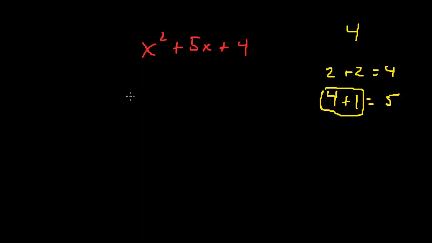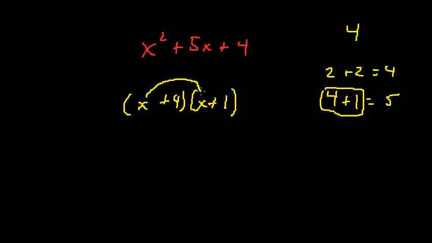What that tells me is that the factorization of this trinomial is x plus 4 times x plus 1. Again, those last two terms in each of these binomials multiply to give me my third term and add up to give me my middle term. If I distribute this, I should get back that trinomial.